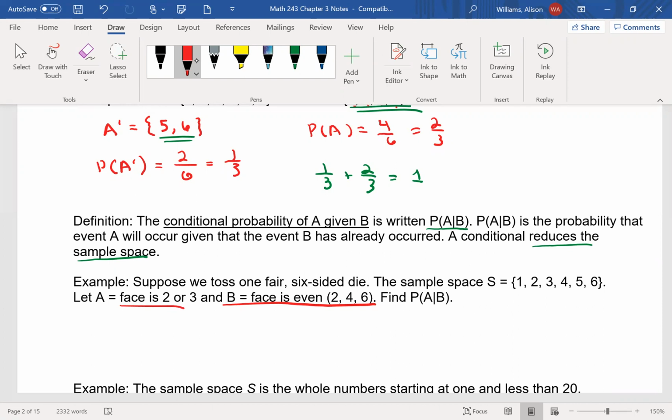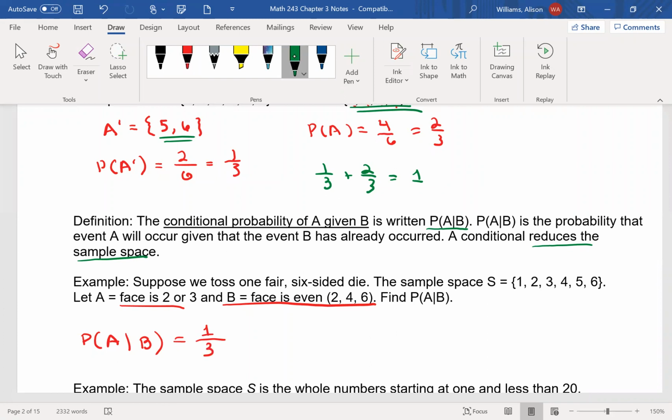Well, right away, 3 isn't even a possibility because 3 isn't an even number. So in order for A to happen, we have to roll a 2. So the probability that A is going to happen, given that we're looking at an even number, means we have to roll a 2. There's only one outcome possible out of 3 total: the 3 that it could be even, a 2, 4, or 6.